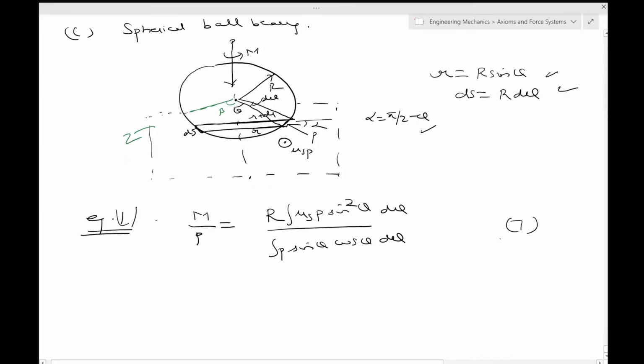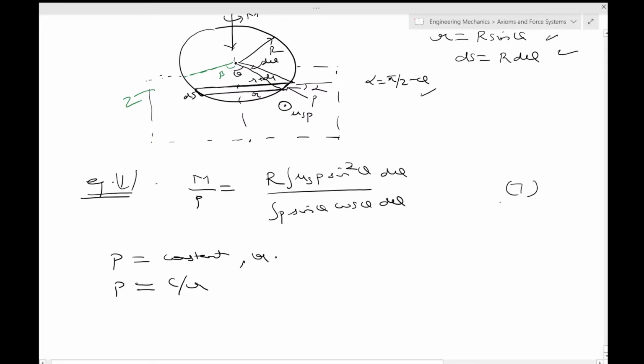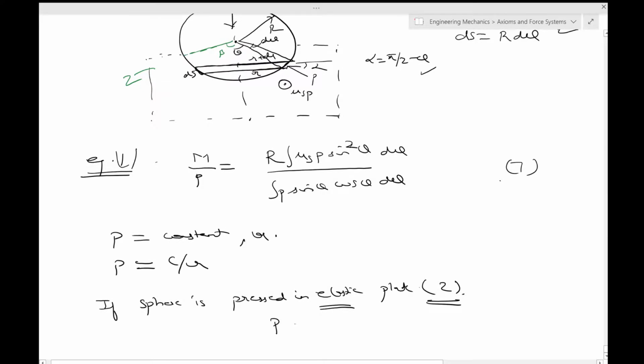So if you have a ball bearing in race, P is assumed to be either constant, okay, or P is equal to C by R. If you have a sphere pressed in an elastic plate, okay, so this body 2 which is there is now elastic, it's not rigid, okay, and then you can assume that P is proportional to the normal indentation.